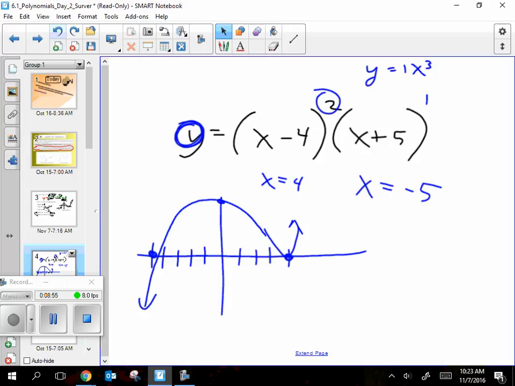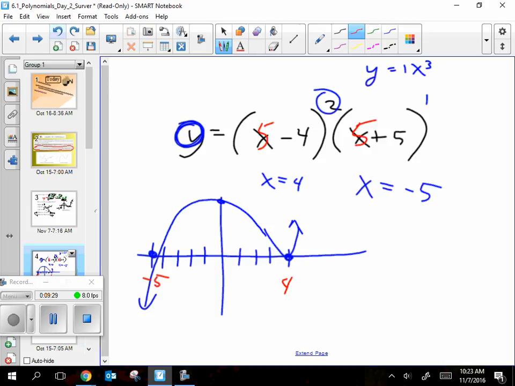Let me give you an alternate way you could have done it. If you check where this thing is positive or negative, you could have done the same graph. Like, for instance, we know that 4 and negative 5 are our two important points. Do you remember that thing where you can check intervals? Like, let me check something bigger than 4, like 5.